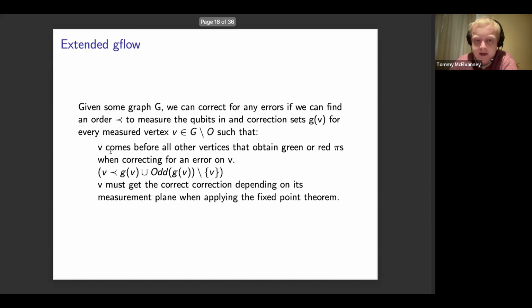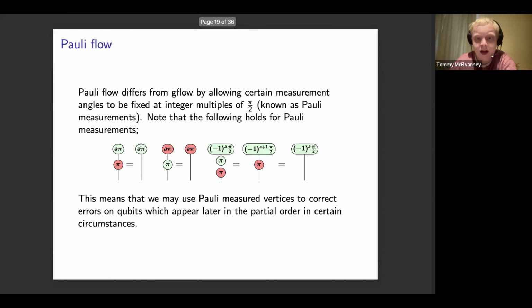But essentially all it says is V comes before all vertices apart from Pauli vertices that obtain red or green pies, and each measured vertex needs to get the right correction. And that's all of Pauli flow.